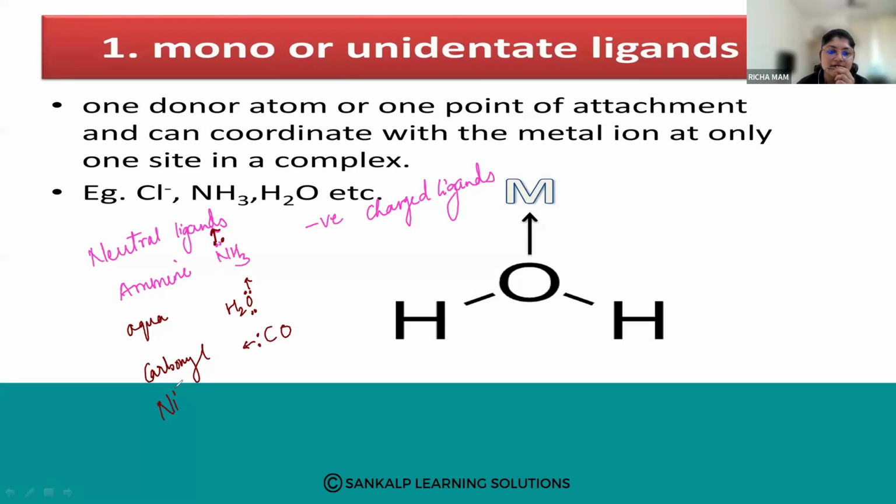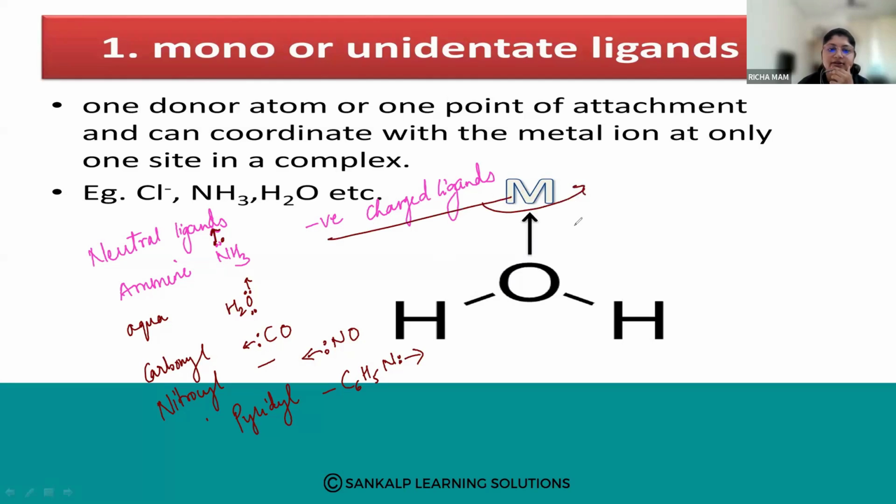Then nitrosyl, NO, where nitrogen is the donor atom. Next is pyridyl, C5H5N, where nitrogen again is the donor atom. Here there is only one point of attachment, so they are termed mono or unidentate.